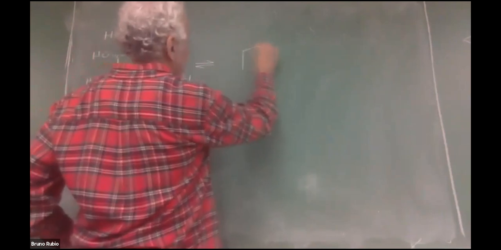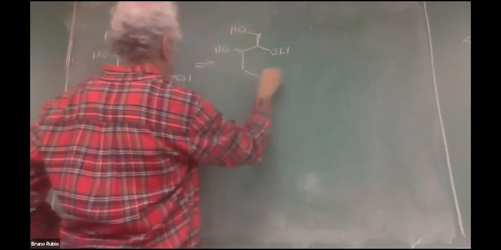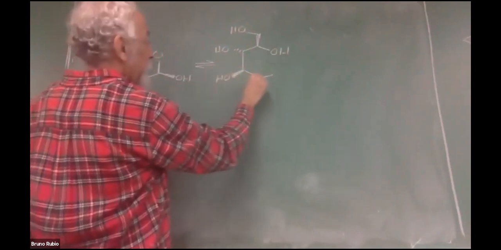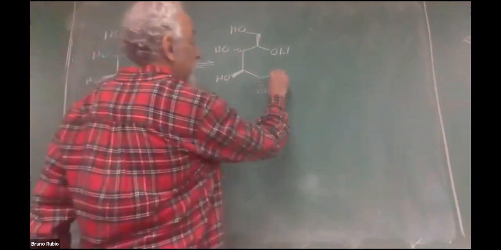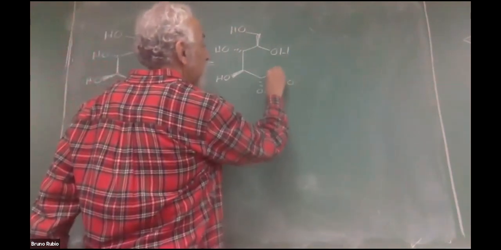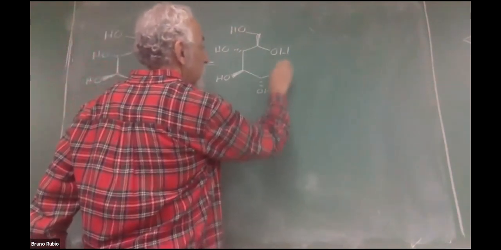So there's a small amount of the carbonyl version, the open chain version of glucose, where this hemiacetal carbon is in equilibrium with a carbonyl carbon, right? And that's the open chain form of glucose.